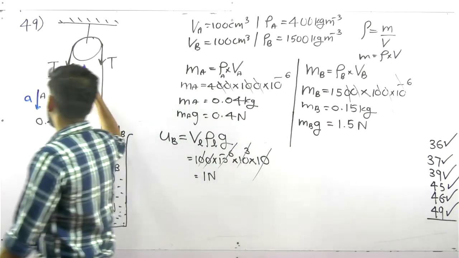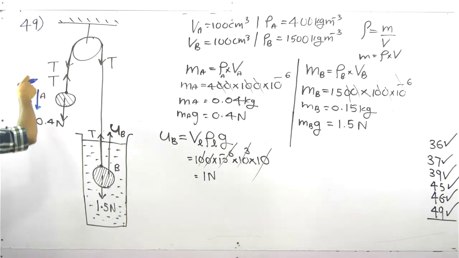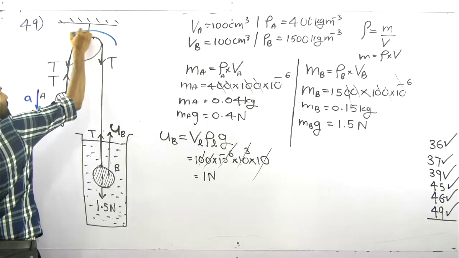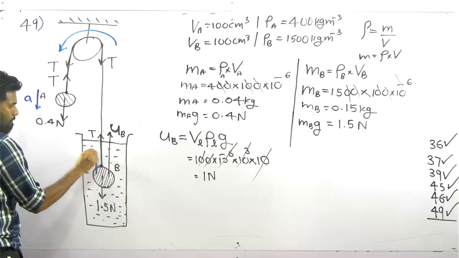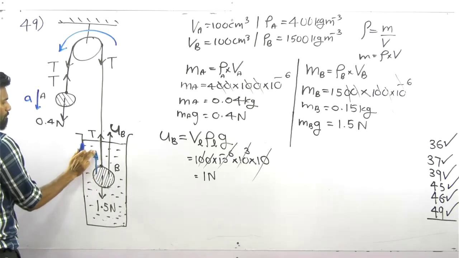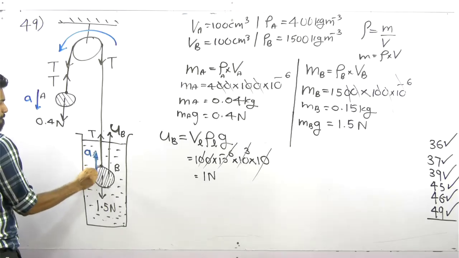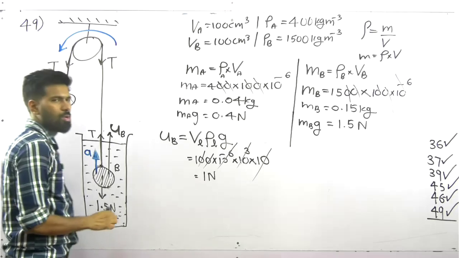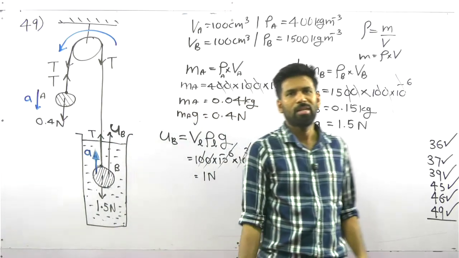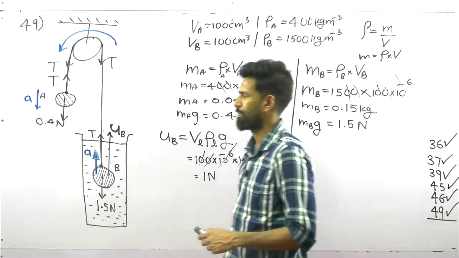As A is moving downward, the string will come this side and this one will move up. It's the situation.